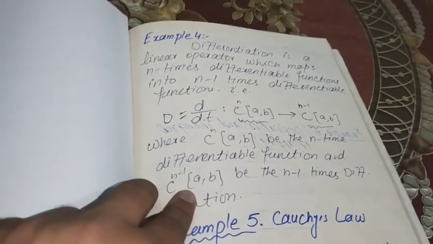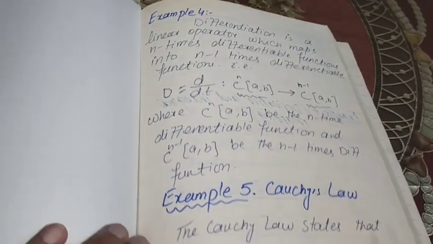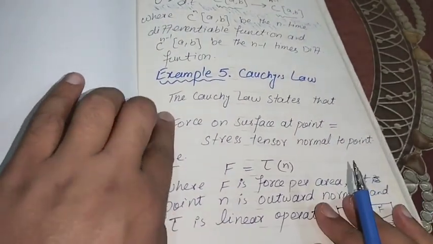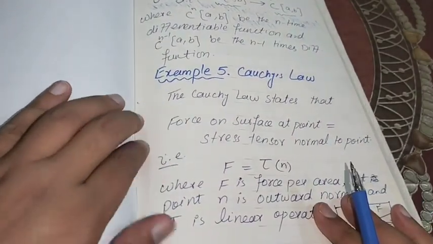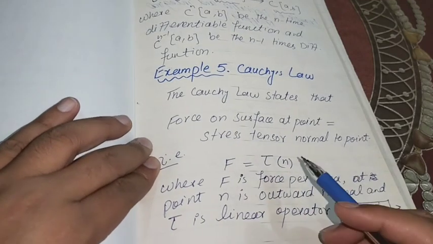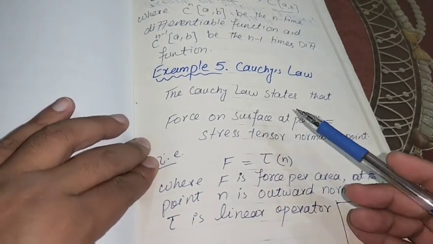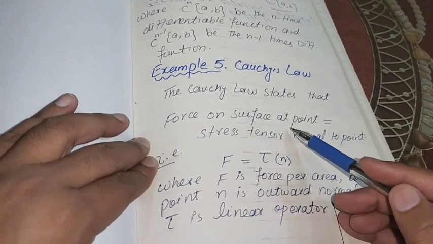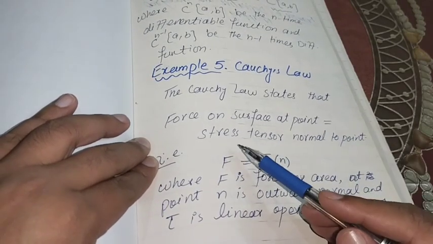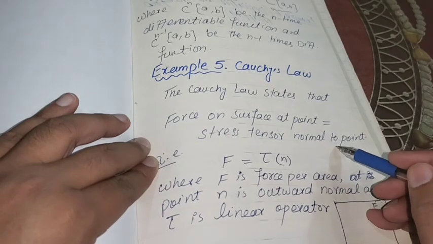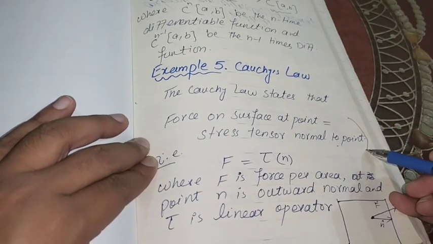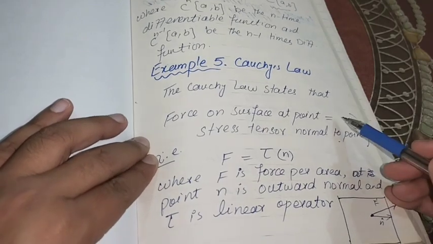Similarly, in example number 5, we define Cauchy's law. Cauchy's law states that the force on a surface at a point is equal to the stress tensor applied to the normal at that point.